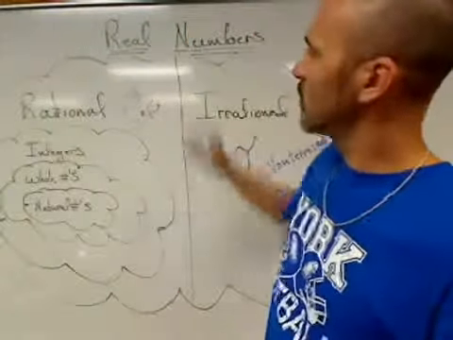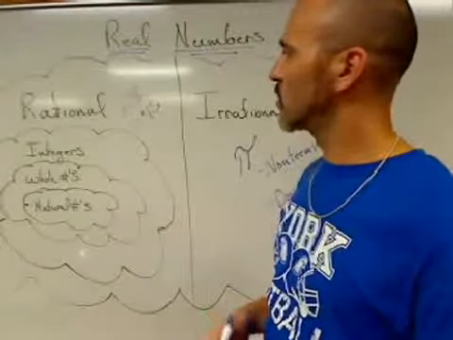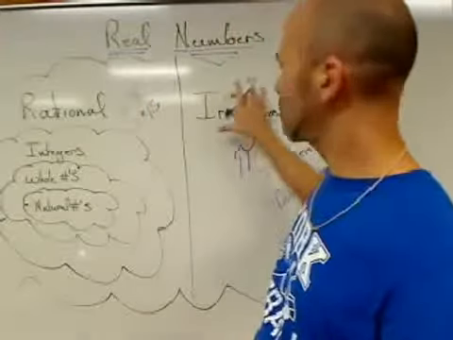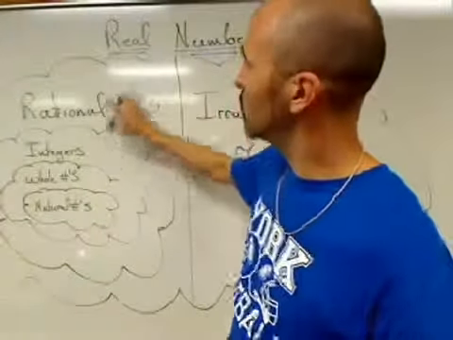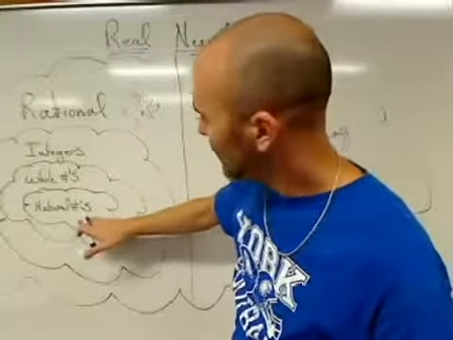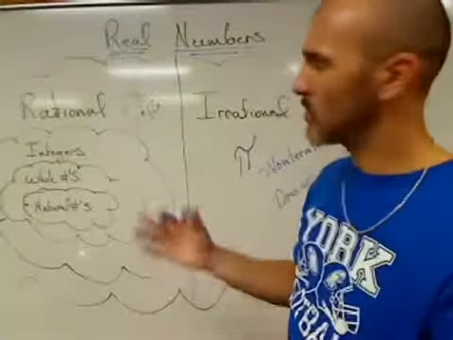Now, once we get rid of the decimals, we go into integers. Integers are all negative and positive numbers, including zero. And yes, they are a subset of rational numbers. They would not be a subset of irrational numbers. And yes, they would be a subset of real numbers. As we go down, these areas are subsets of the one above them, or the one on the outside of it.